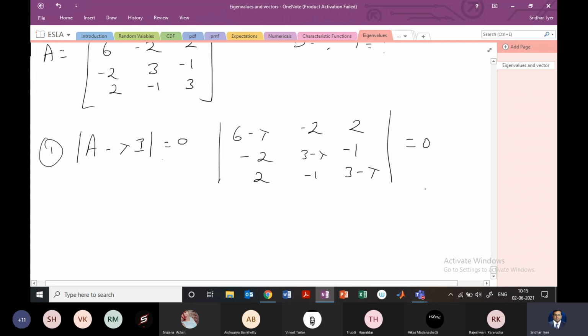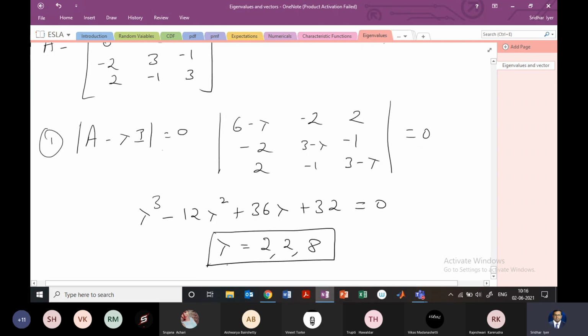I'm hoping you have solved this. I'm not doing the entire step, but I have solved it and I'm just giving you the final result. The equation is a cubic: lambda cube minus 12 lambda square plus 36 lambda plus 32 equal to 0, and the lambdas we get are 2, 2, 8.